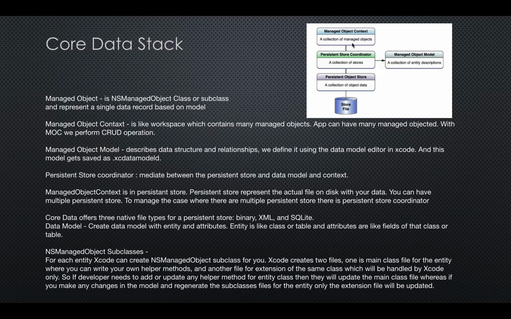Then it is connected with the persistent store coordinator, and the persistent store coordinator is connected with the managed object model. So let's talk about the managed object model first. What is the managed object model? This is where we create our tables, actually. The managed object model describes the data structure and relationships, and we define it using the data model editor in Xcode.